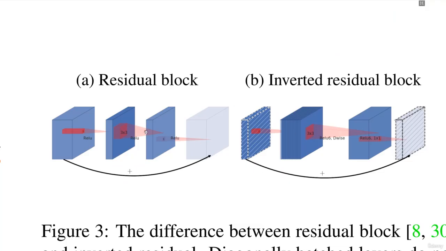So unlike this residual block, with an inverted residual block, we have this expansion layer, which involves expanding, that's increasing the number of channels we have. So we could see it in the output right here. We have the depthwise separable layer which follows, and then there is this link between the bottlenecks.